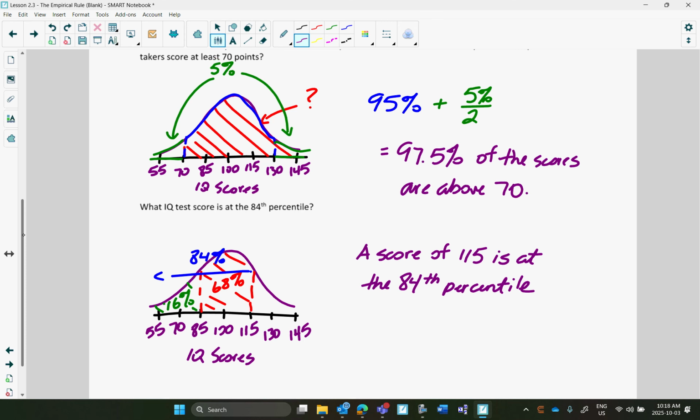Now I can't use those numbers, can I? Because 105 is here, and I don't know what percent that is. Well, that's the next lesson, where we use a graphing calculator to help us answer that. So make sure you have that next week, please, for next class.